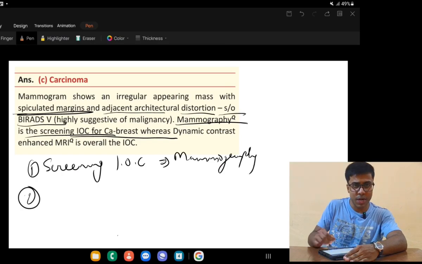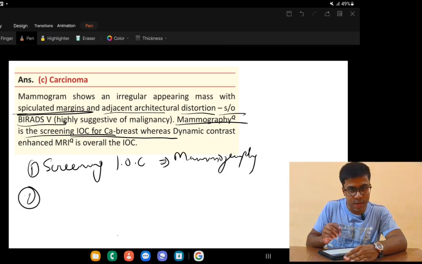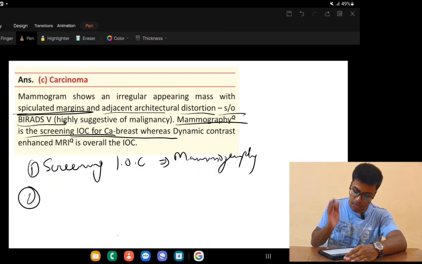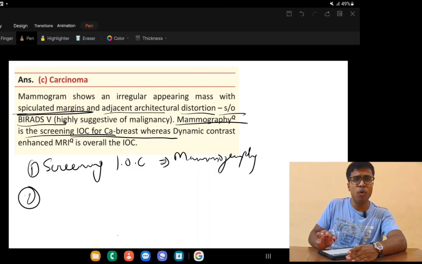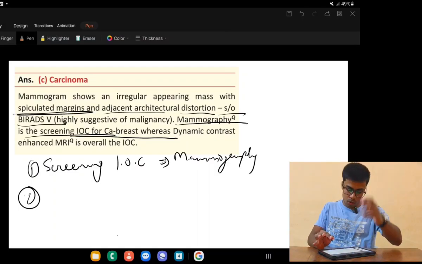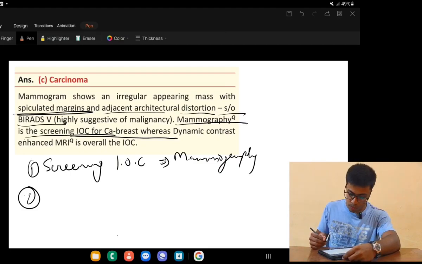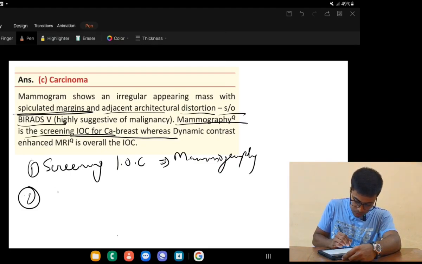I am writing this because these are single liners, or sometimes a case will come and at the end they will ask. This is very important, and here we miss a lot of times. We tend to make silly mistakes, and I have also made mistakes sometimes.